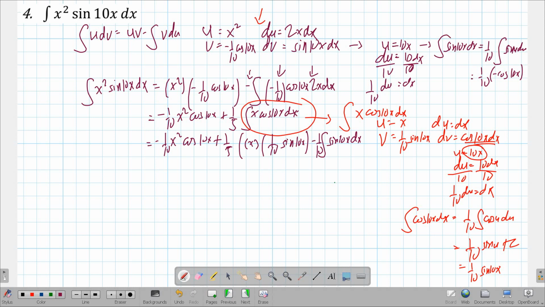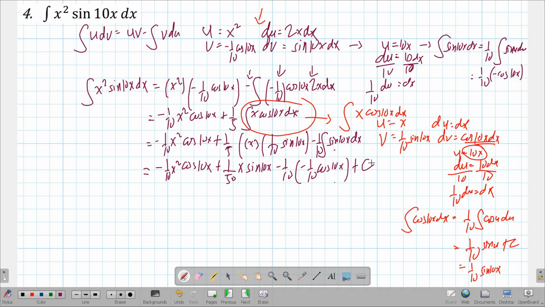So fixing stuff up, finalizing stuff up, we're going to have negative 1 over 10 x squared cosine 10x plus, multiplying these, 1 over 50 x sine 10x minus 1 over 10 times the integral of sine 10x dx, which we actually solved, which is here, negative 1 over 10 cosine 10x. Then there's our plus c.